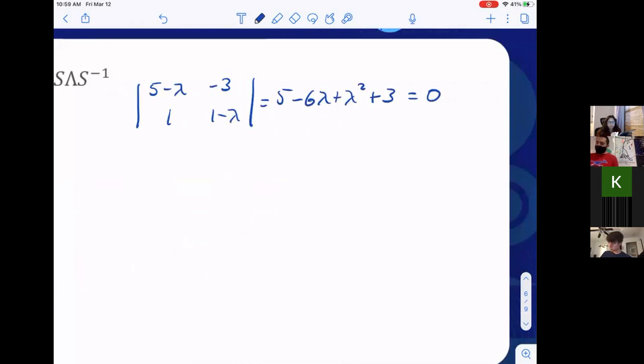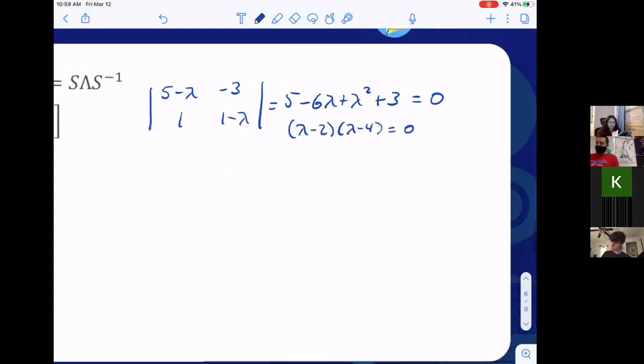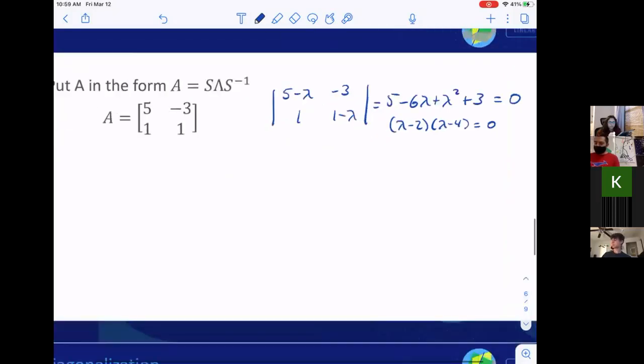So that's lambda squared minus 6 lambda plus 8, which is lambda minus 2 times lambda minus 4. So we have 2 eigenvalues, 2 and 4. For 2, we're going to find the null space of 3, -3, 1, -1.